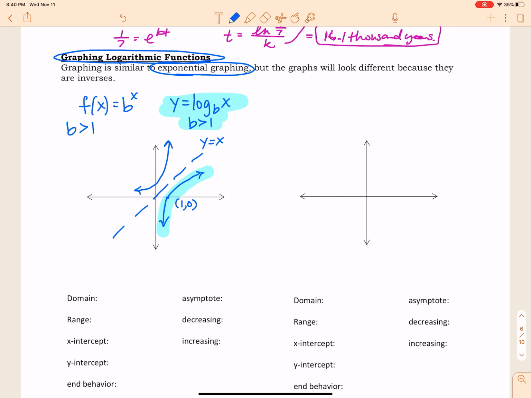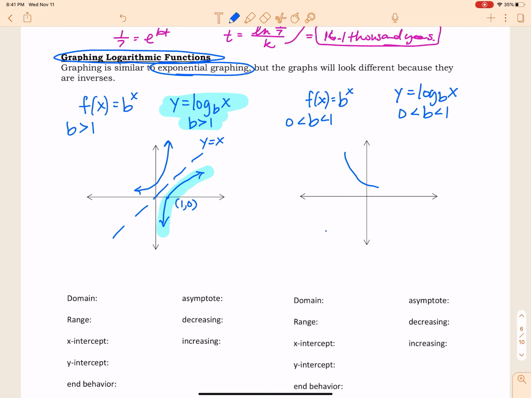All right, in the same way that for the exponential function f of x equals b to the x, if b is between 0 and 1, it goes in the other direction, so it would decrease from left to right, the same thing is going to be true of your log function. It is going to be different as well. In this situation, these have a similar relationship.